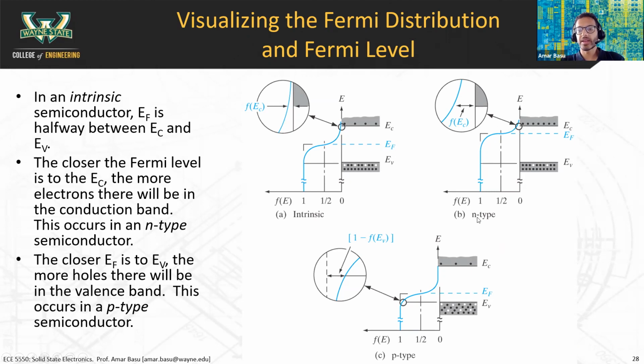In the N-type semiconductor, this means there's a higher probability of finding electrons in the conduction band and a low probability of finding holes in the valence band. So you get a high electron concentration and low hole concentration. Vice versa in the P-type semiconductor: when the Fermi level is close to the valence band, you get a lot of holes in the valence band and very few electrons in the conduction band.